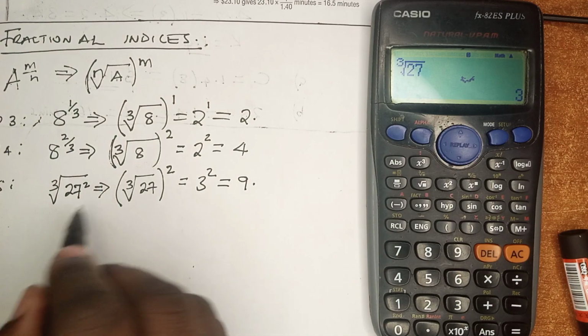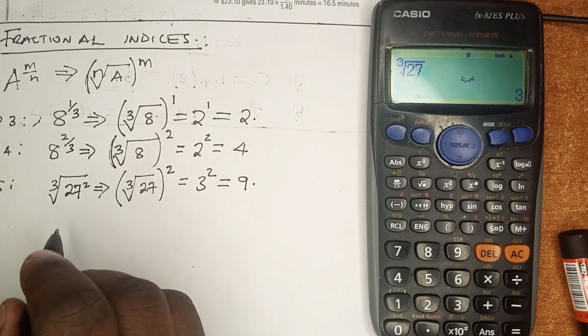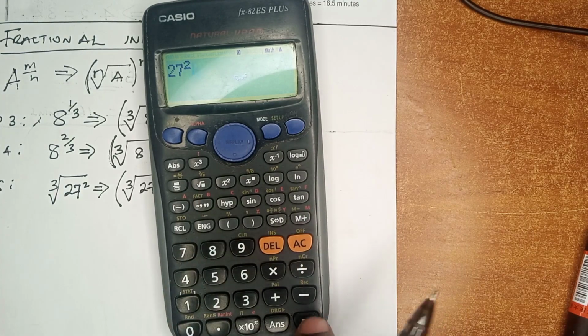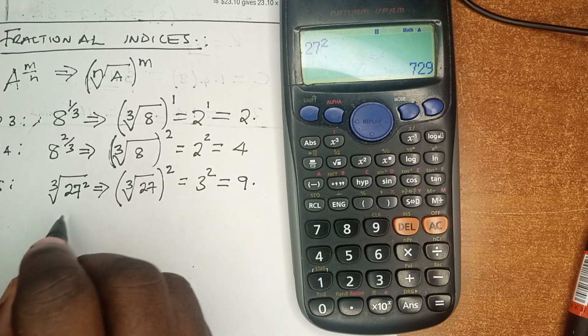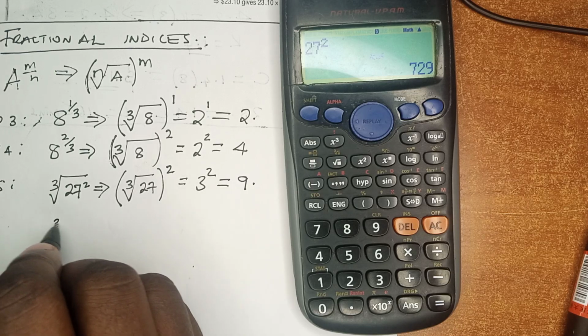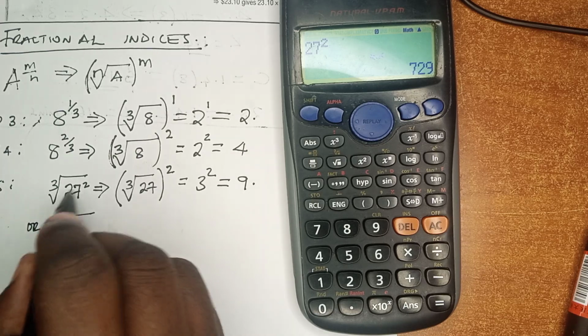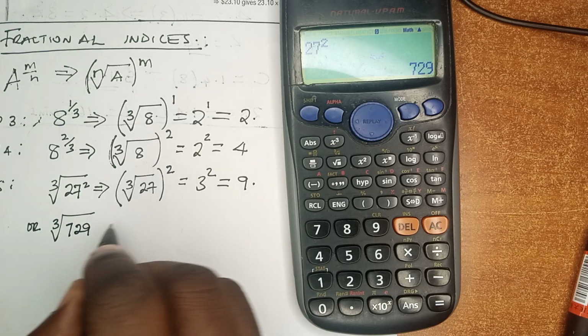Alternatively, we can first of all square the 27. We can first of all square the 27 and have it like 27 squared is 729, and then the cube root of 27 squared, which is 729.